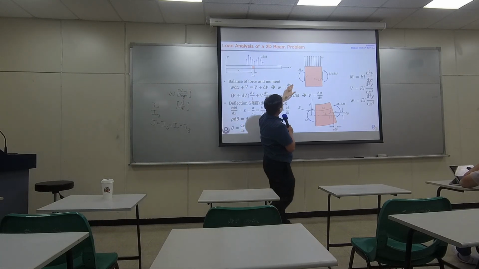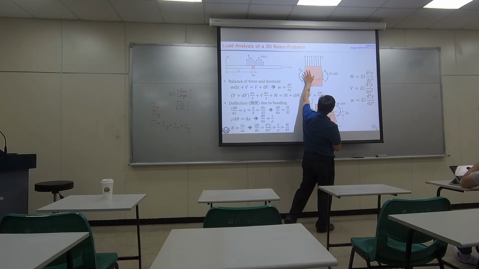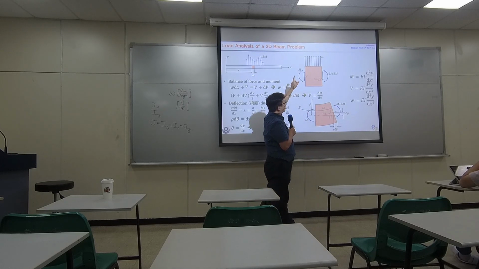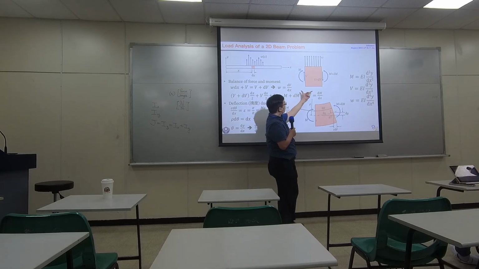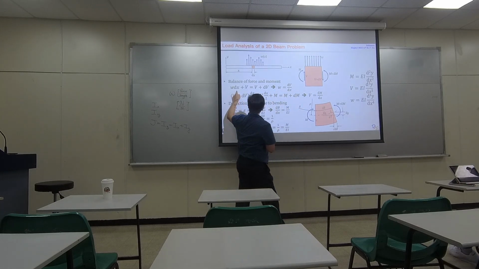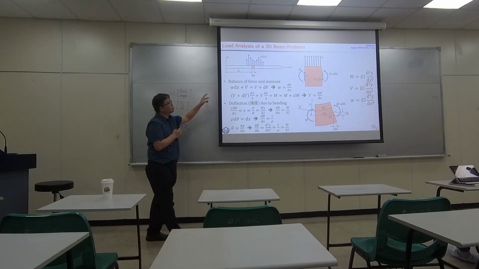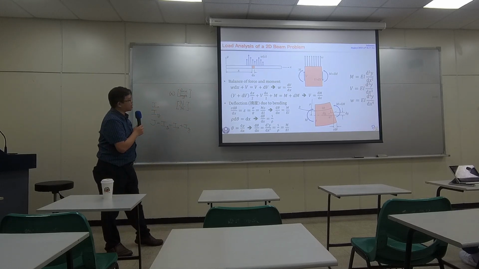If you want to compute the total force generated by that distributed load, you have to multiply by how wide it is. So W dx is the total force contributed by that distributed load W.